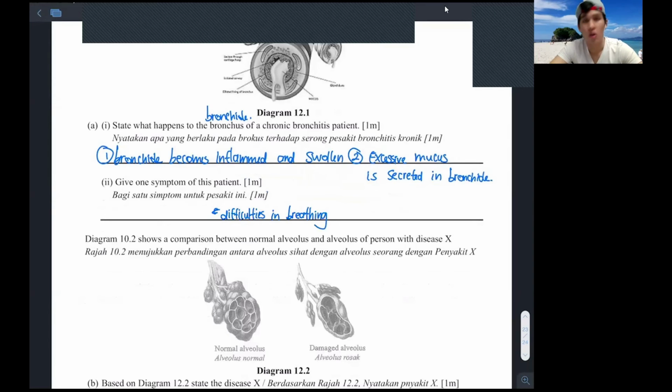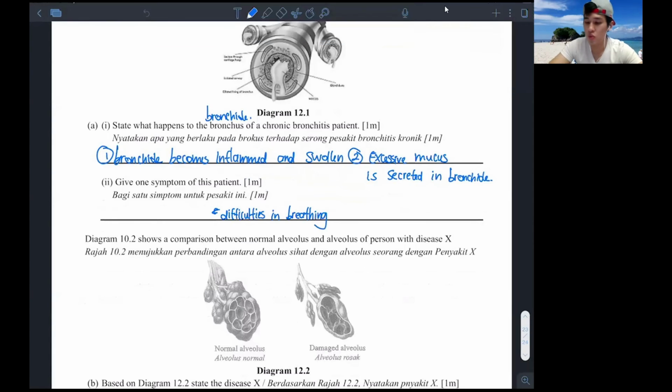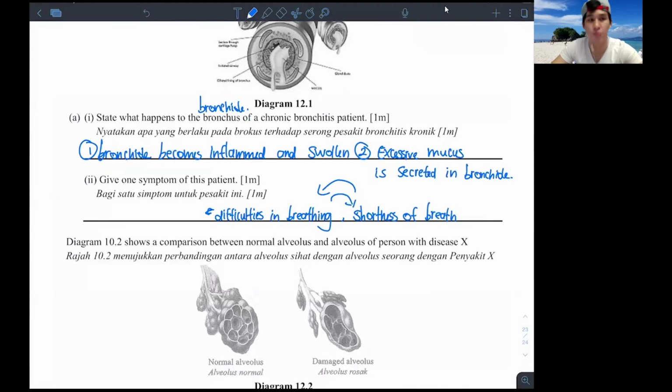Or you also can say shortness of breath. Either one is fine, they mean the same thing, but try to go for shortness of breath.